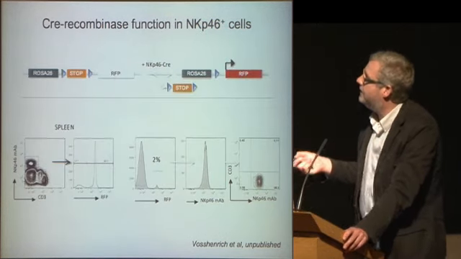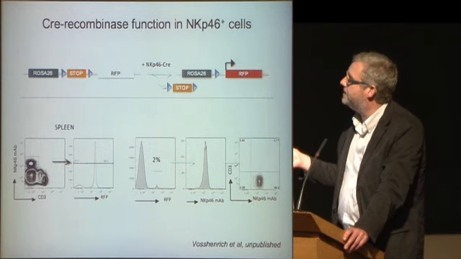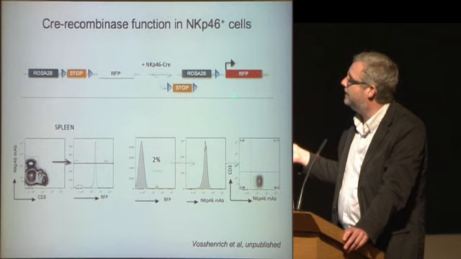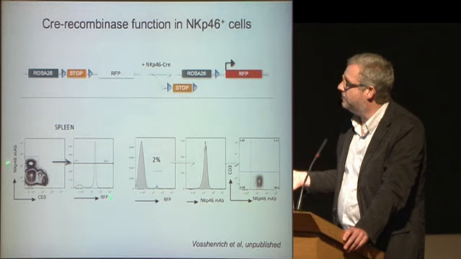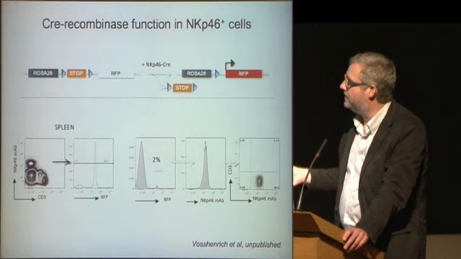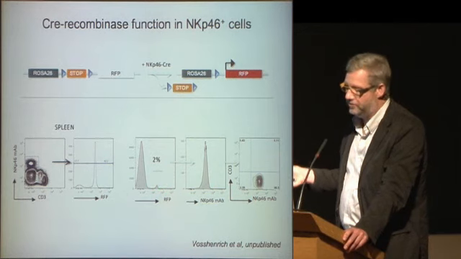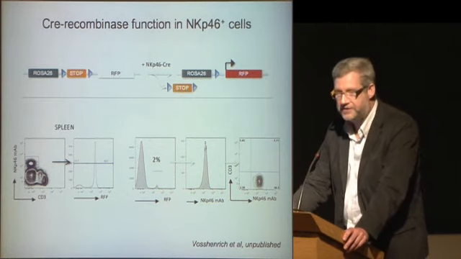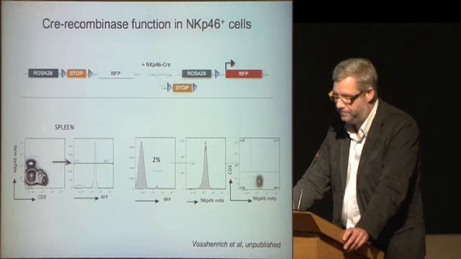We think they're going to be very useful mice for that kind of an analysis. These CRE mice actually can be tested by using reporter mice. Here the rosa-stop RFP mice, when crossed to a CRE transgenic, will drop out this stop cassette and indelibly mark the cell with red fluorescent protein. You can see here that if you look in the NK cells, the majority of those cells are RFP positive, and if you look in the RFP positive cells in the spleen, they're all NK cells. So clearly this CRE is working as we hoped.